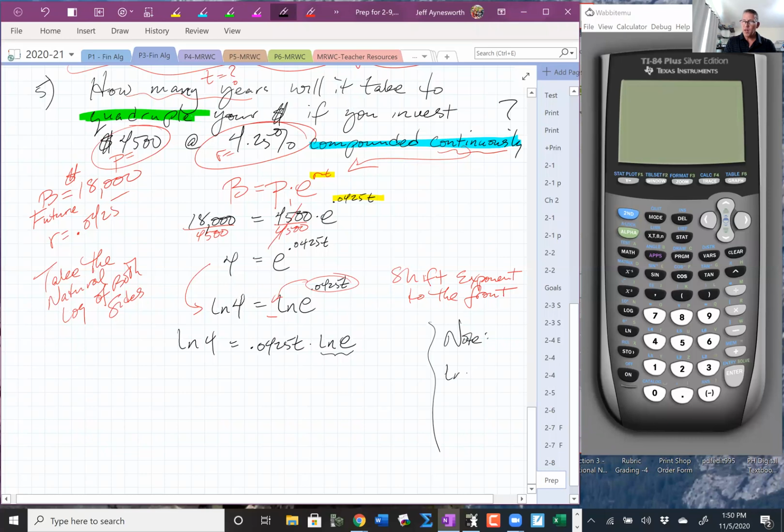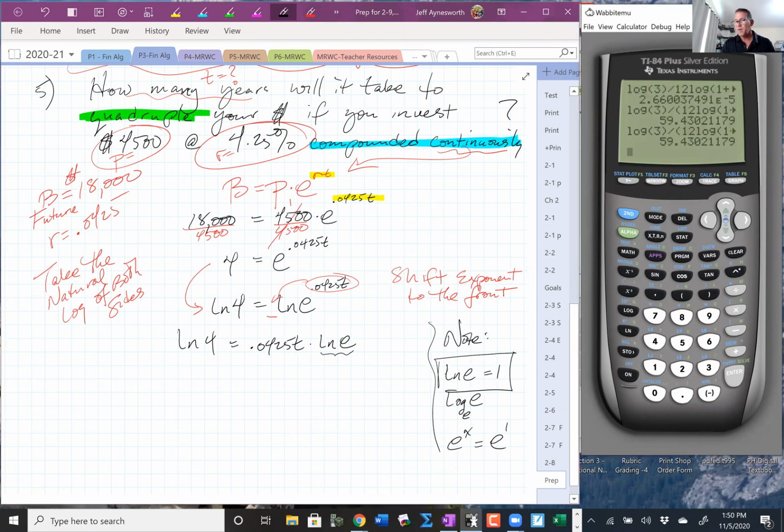The natural log of e is equal to 1, because remember, it's log base e of e. If e to some power is equal to e, then that power has to be 1. The natural log of e is always 1. You can check that on the calculator too. In fact, I'll do it right in front of you. You type in natural log, and then you put an e in there.